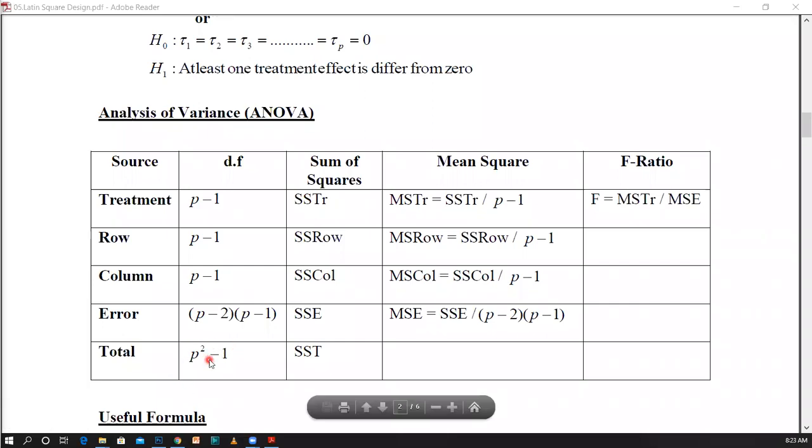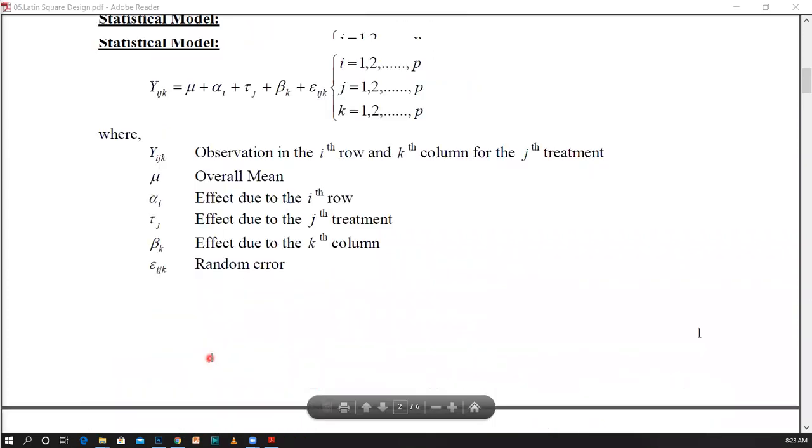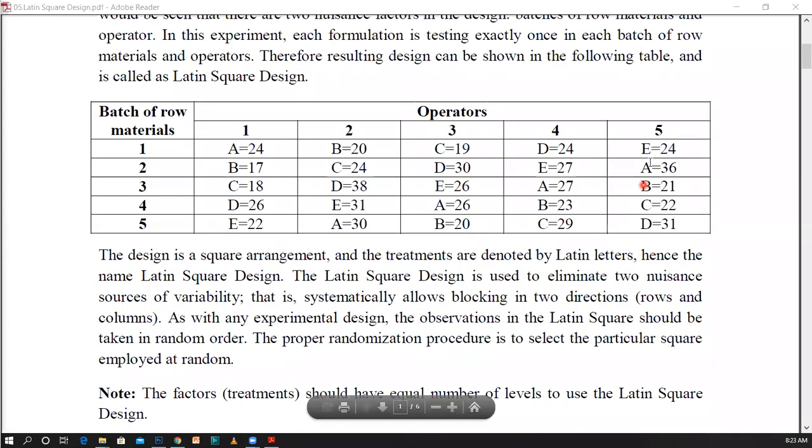It is because if you look at this example, how many data points do you have? It is 5 into 5. It is not 5 into 5 into 5. Even though we had three factors, we have 5 into 5 data points.